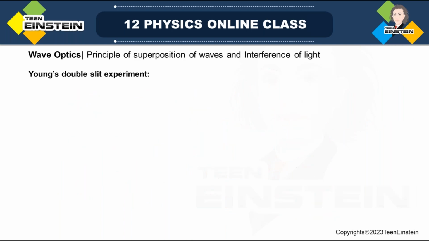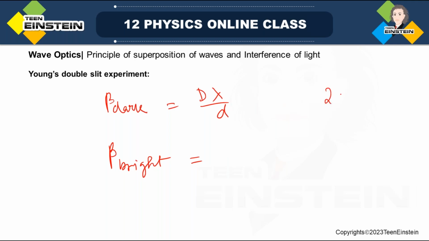So we have got beta for dark as D lambda by d, and beta for bright we have to take. See, I have the condition for bright fringes at the position. The position for the bright fringes is n plus half lambda into D by small d, right? This is the position.